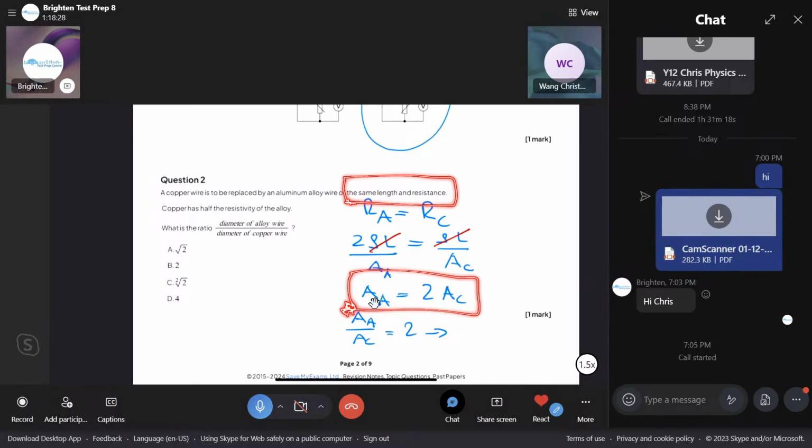The copper, because it doesn't need that much cross-sectional area. Exactly. In other words, it needs double the cross-sectional area to have the same resistance as the alloy. That's a simple conclusion, but you have to really look at it in order to conclude it.